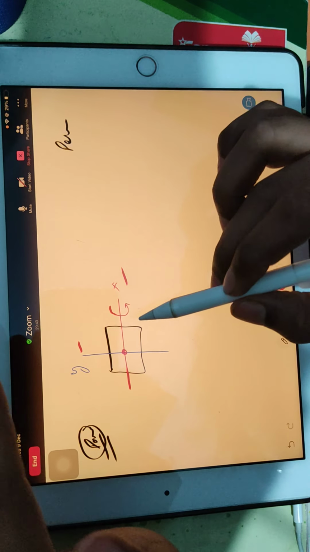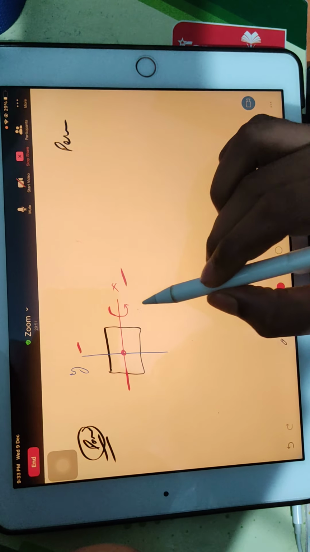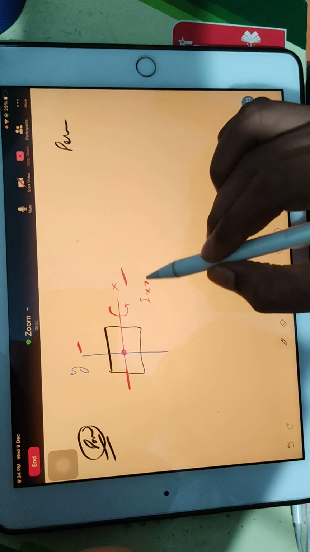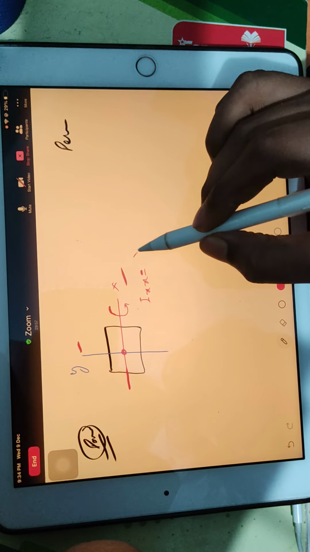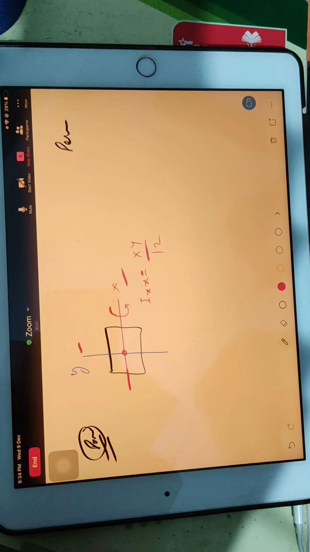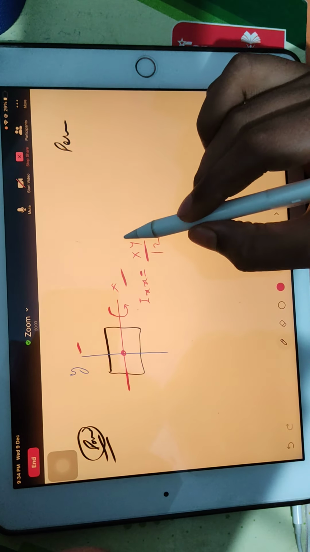They both pass through the centroid. In that case, if you want to find Ixx, you will write x y 12. Now which one will you cube? Tell me. Y. Very good.